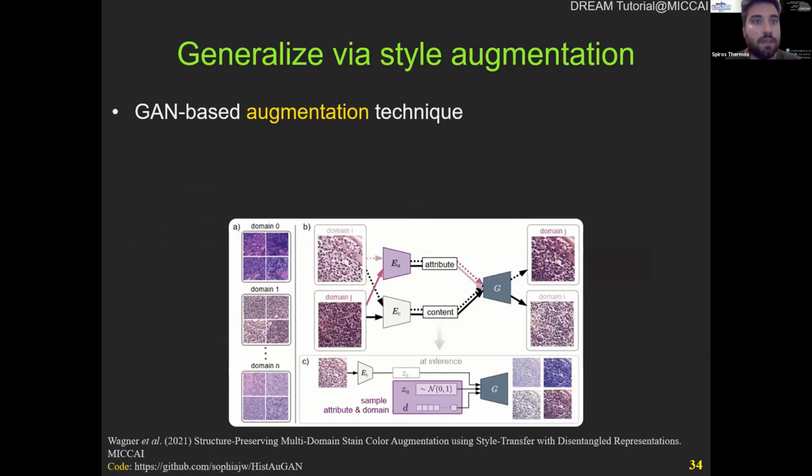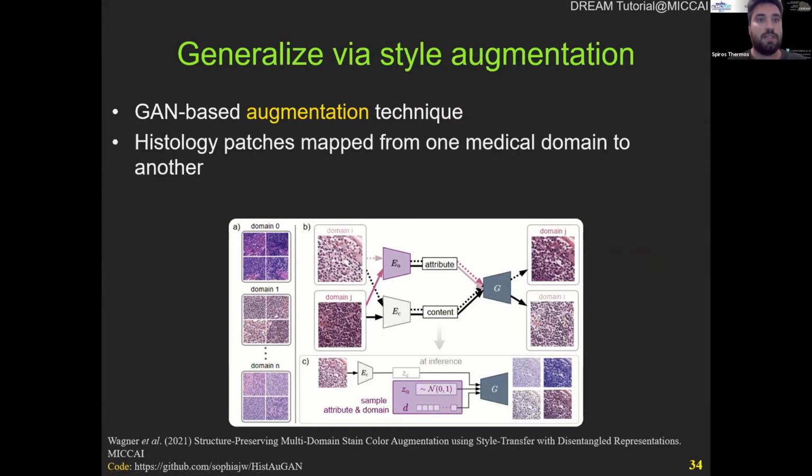Last, we have generalization through style augmentation. So here we generalize the model in terms of the style. Wagner et al. propose a GAN-based augmentation technique. It's for histopathological images. So the histology patches are mapped from one medical domain to another.